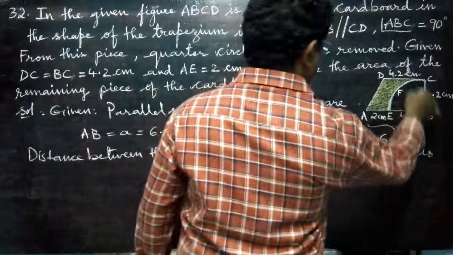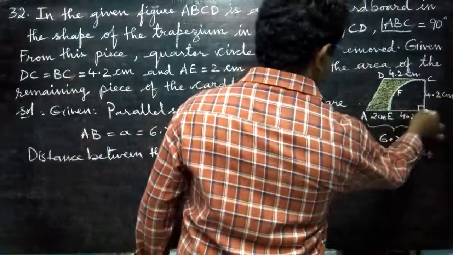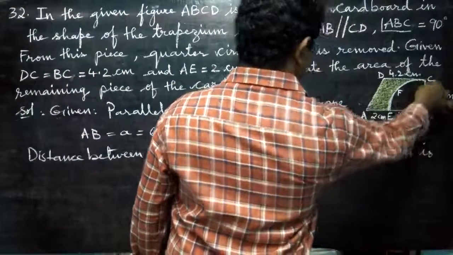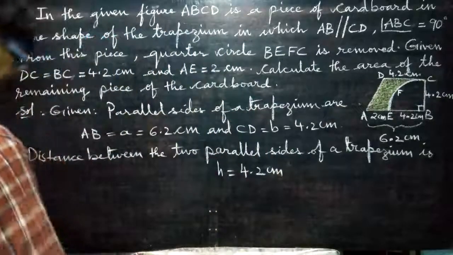The distance between these two parallel, 90 degrees they told. We can think altitude also or perpendicular, whatever may.